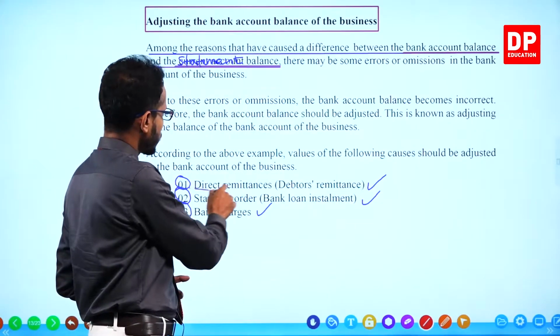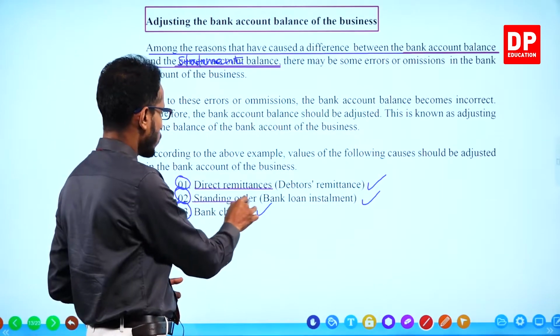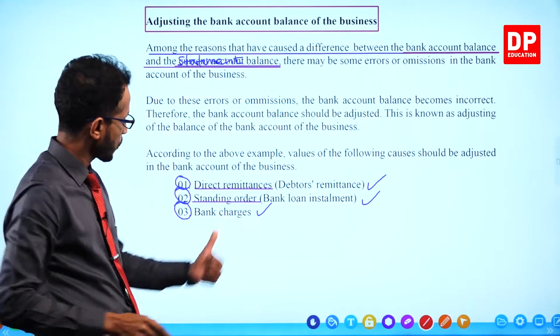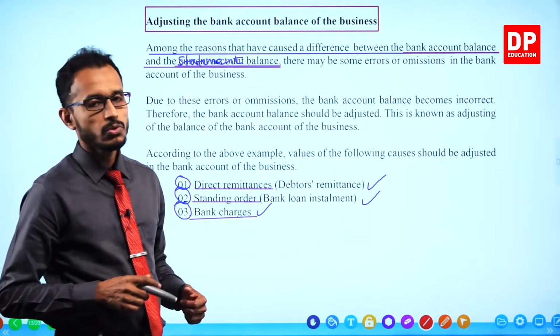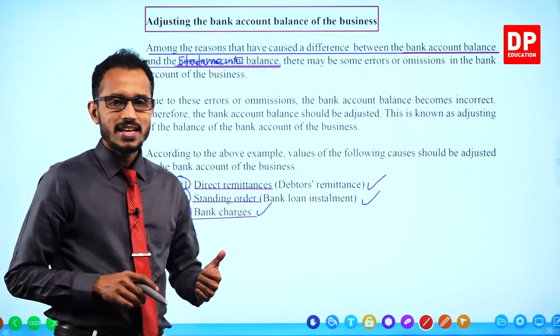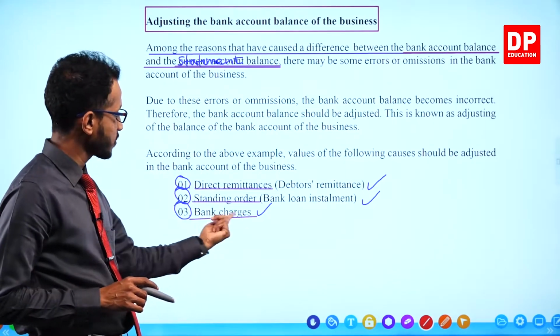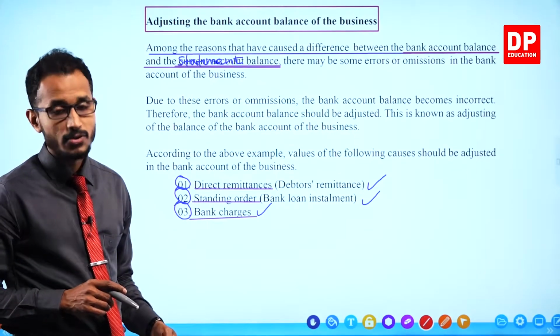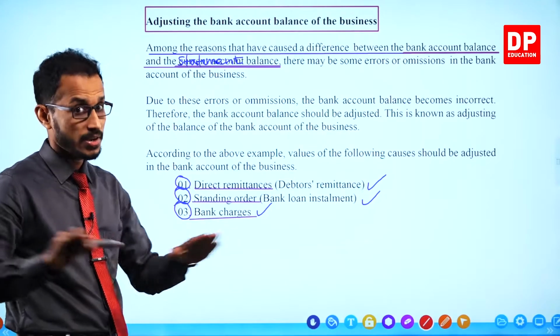The direct remittances which were in the bank statement, standing orders which were in the bank statement, bank charges also that appeared in the bank statement. These three we found from the bank statement, and we learned about these three separately.